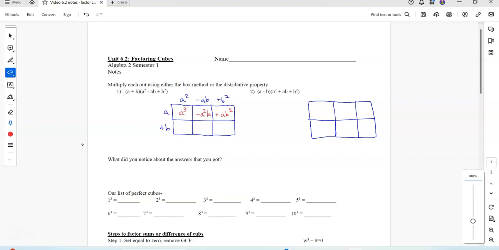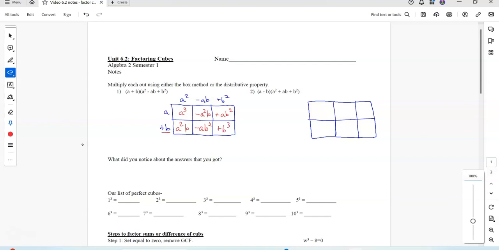Then I go to the b down here, and I multiply that to everything. So b times a squared, I'm going to write that as a squared b. B times negative ab, I have negative ab squared. Again, add those exponents on the b's. And then b times b squared will give me plus b cubed.